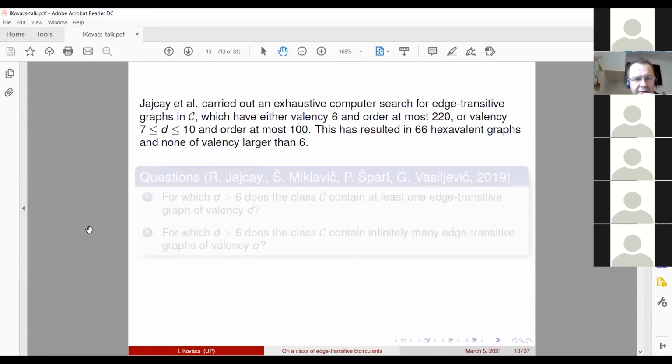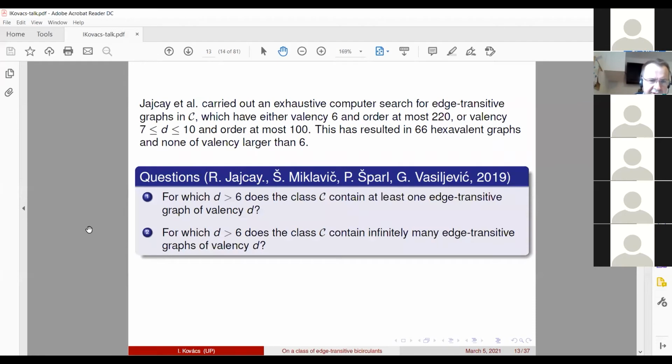In the same paper, they also carried out an exhaustive computer search for H-transitive graphs in the class C, which have either valency 6 and order at most 220, or a slightly larger valency between 7 and 10, but order at most 100. They found 66 hexavalent graphs and none of valency larger than 6.